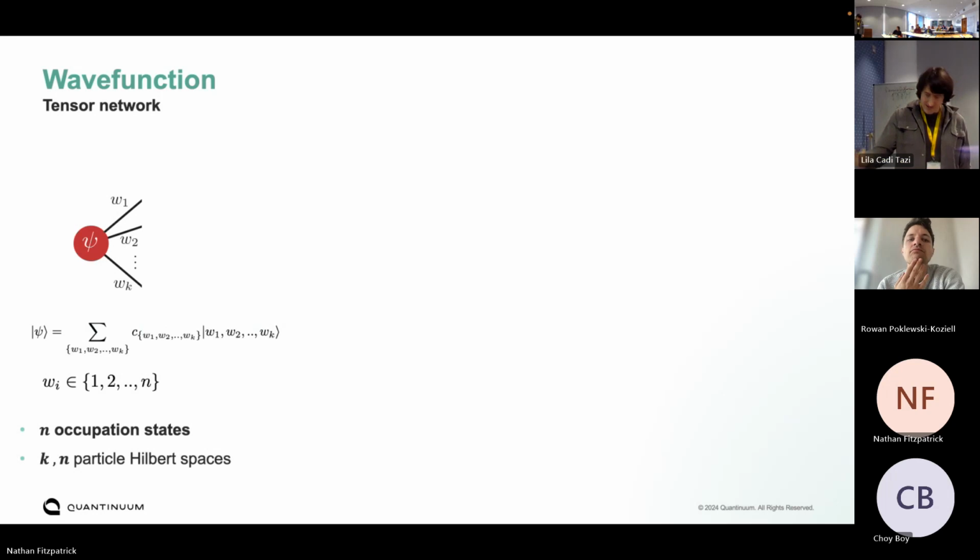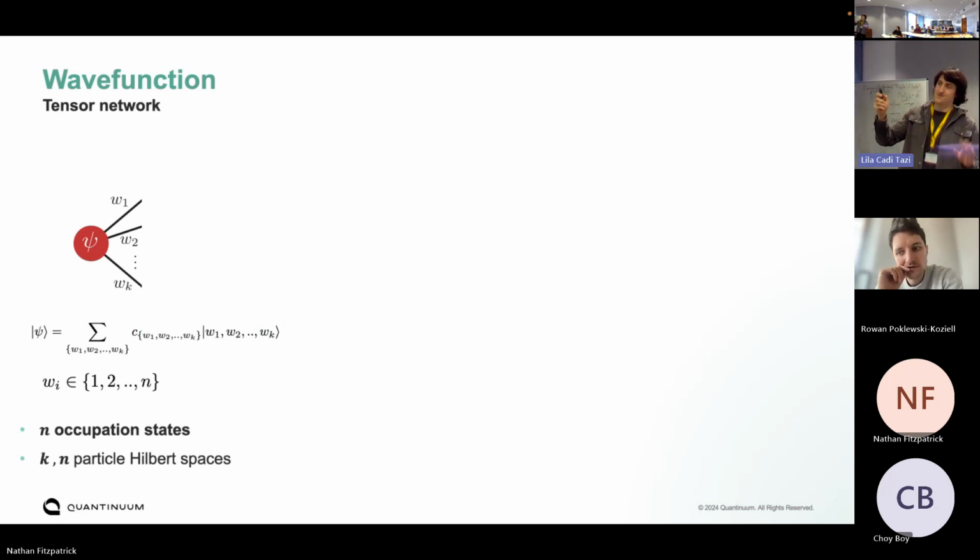Okay, so this is the usual tensor network notation for a wave function. Each one of these legs is an n-particle Hilbert space, and there's no symmetry here, so this isn't fermionic or anything.